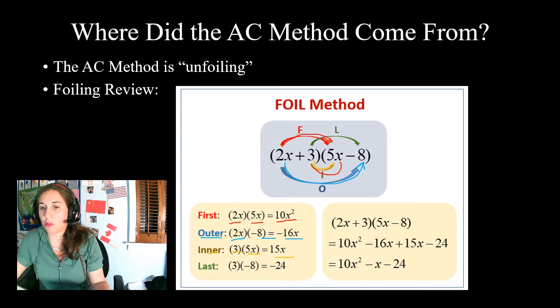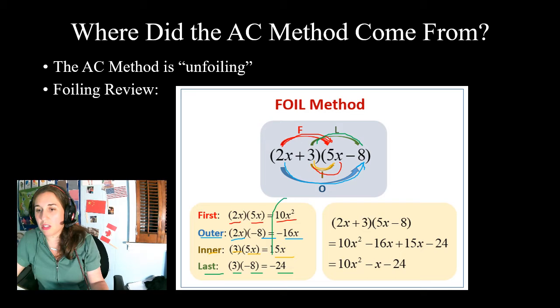And when you multiplied the lasts, 3 times negative 8, that gave us negative 24. Then you take all of these answers and put them together to give you this new polynomial: 10x squared minus 16x plus 15x minus 24.